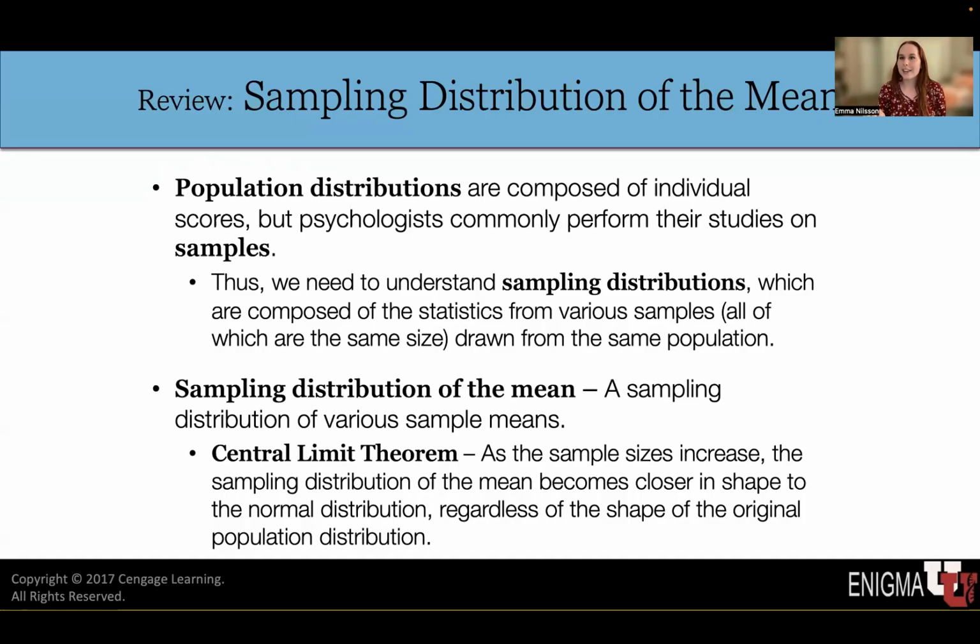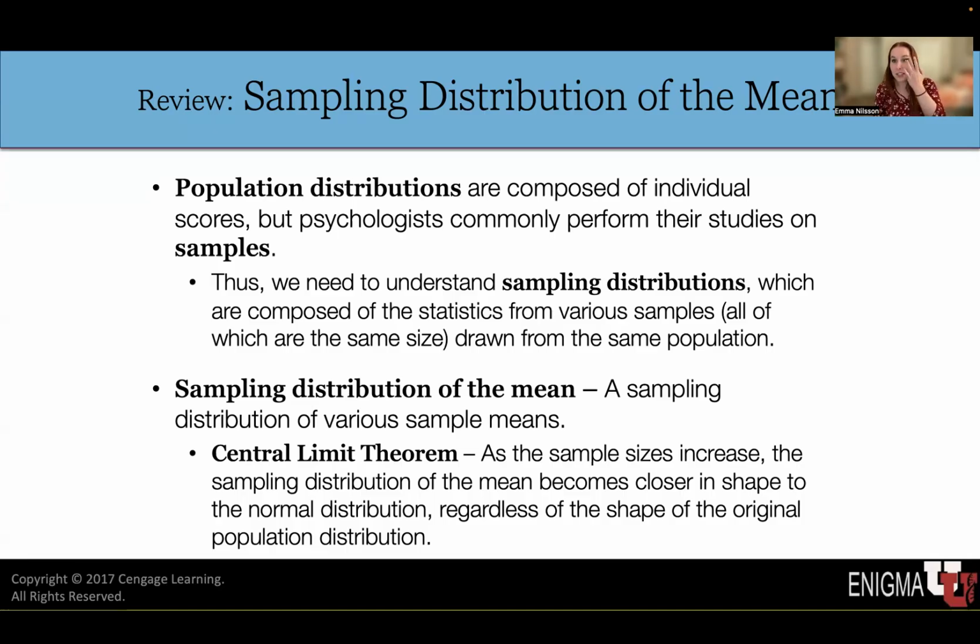So we need to understand sampling distributions, which are basically made of statistics from every possible sample that is drawn from the same population. The specific sampling distribution that we care about and that we talked about a lot last lecture was the sampling distribution of the mean, which is essentially just taking all of the possible samples from a population, finding the mean of each of those samples, and graphing that distribution. That is the sampling distribution of the means.